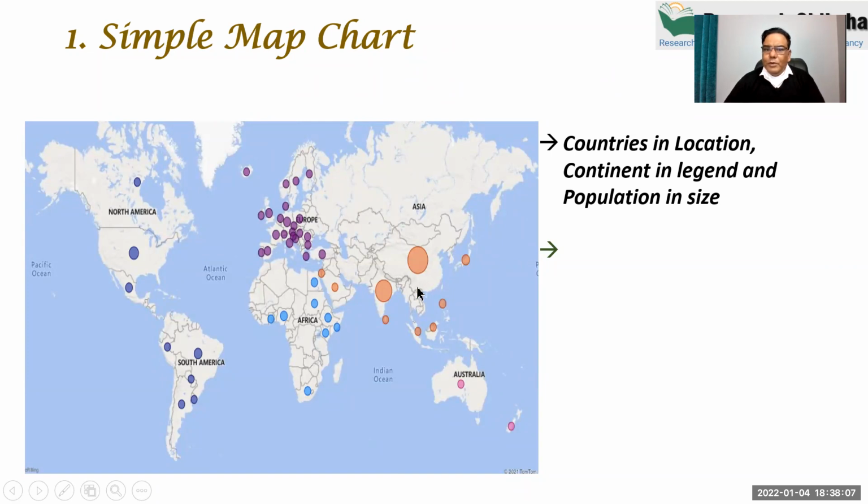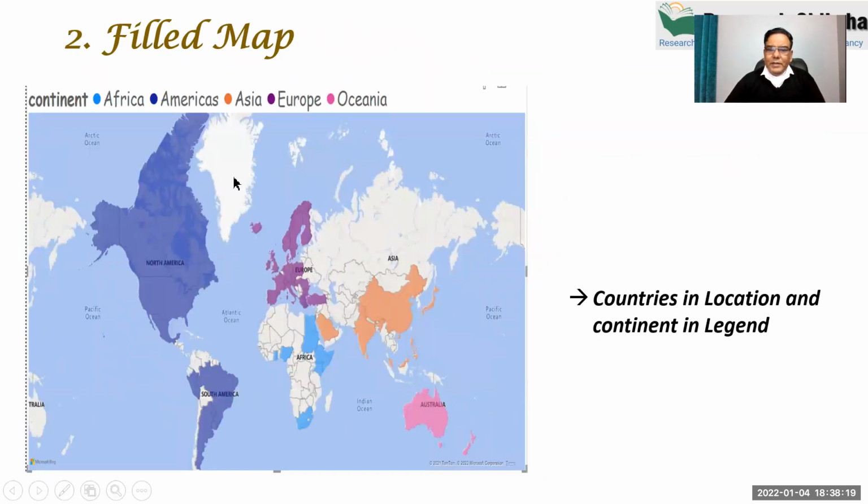We know that the population of India and China is the highest in the world. So population is represented by the size. So how to make these kinds of maps? Similarly, this is called an area map, or filled map. So we fill the different areas, different parts of the world, with different colors.